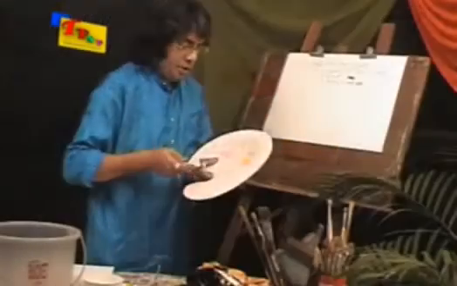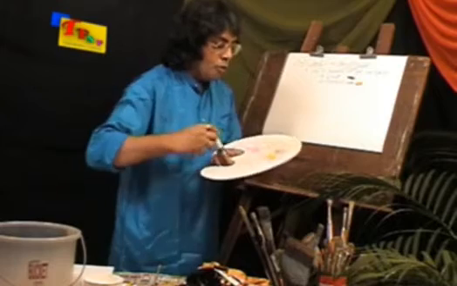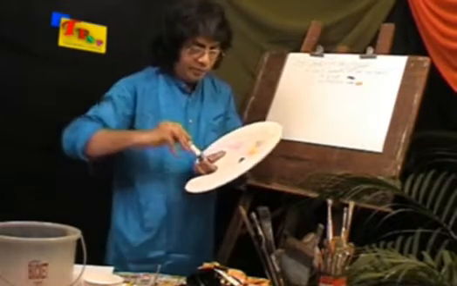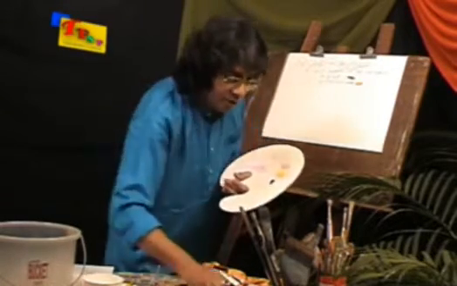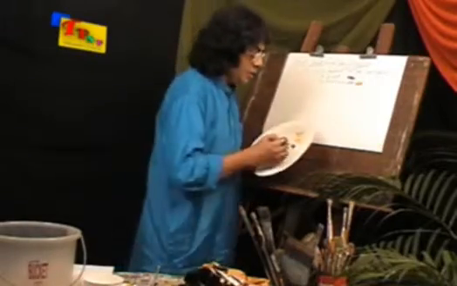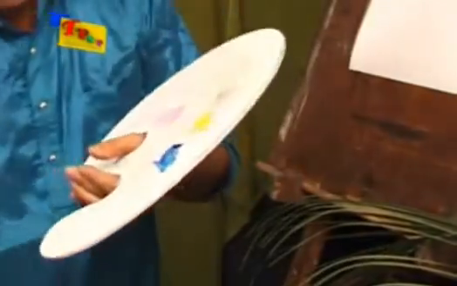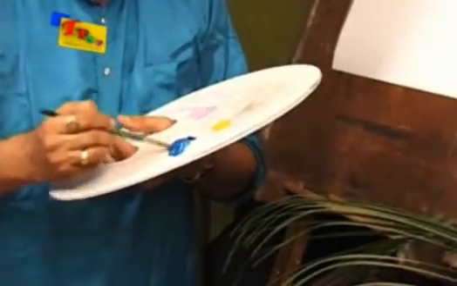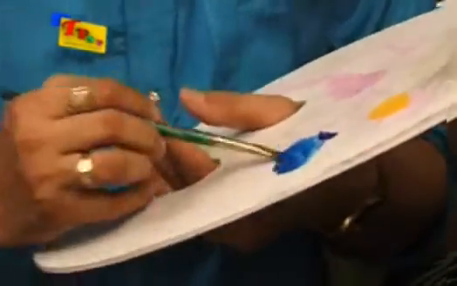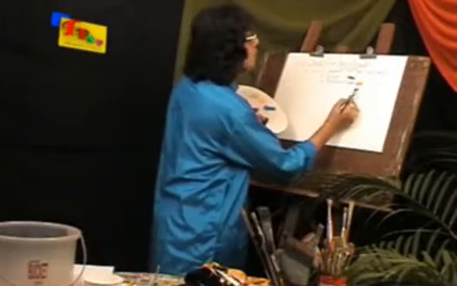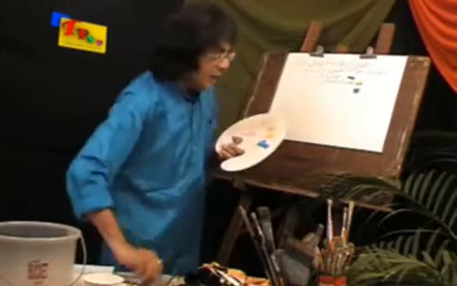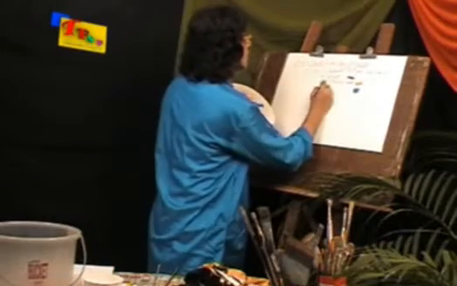Now, if I make use of more water in my acrylic paint, let us see what happens. If I take more water, I can get a soupy consistency. This is what I would call a soupy consistency.